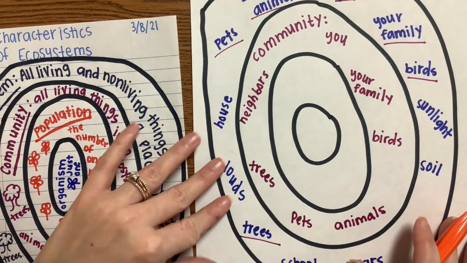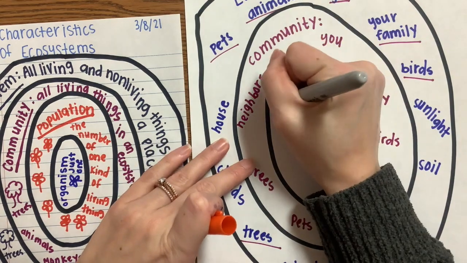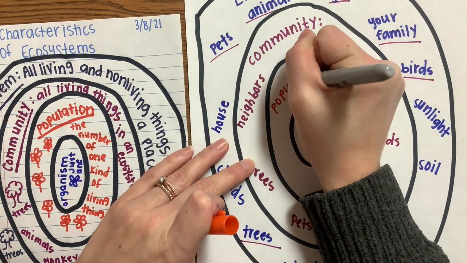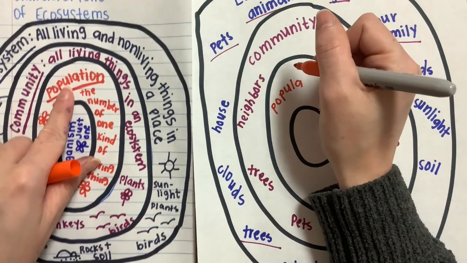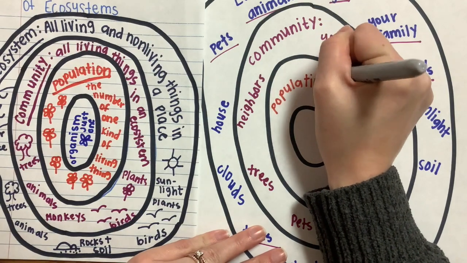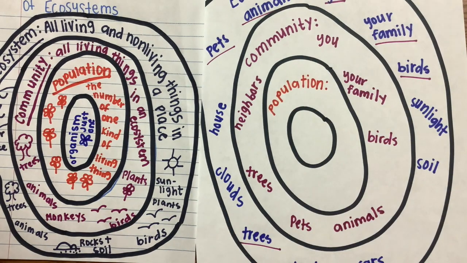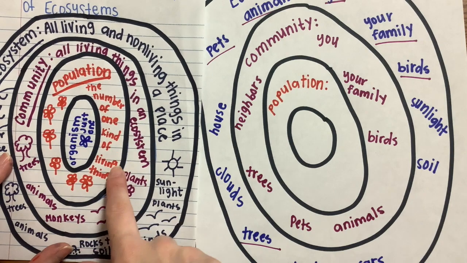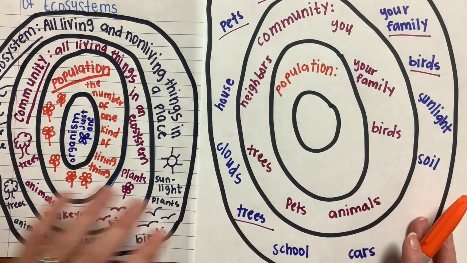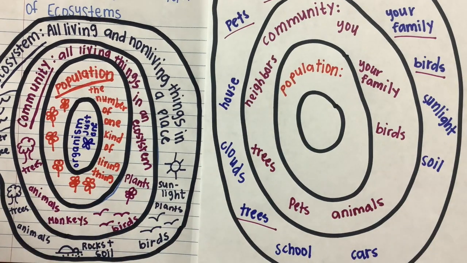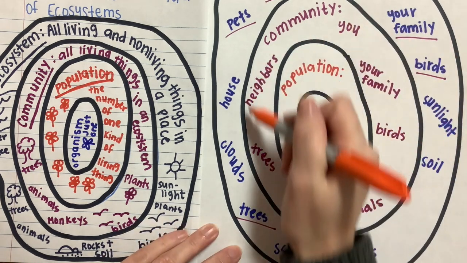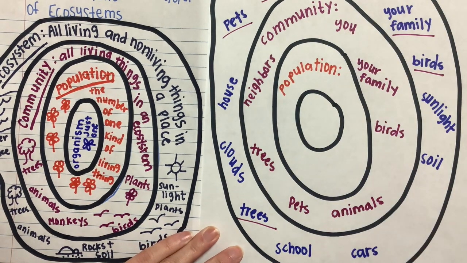Now we're going to focus on just one population. Think about what that word means. A population is the number of one kind of living thing. So what kind of living thing are you? You're a human. So let's think about all the humans that we wrote in our list of living things.